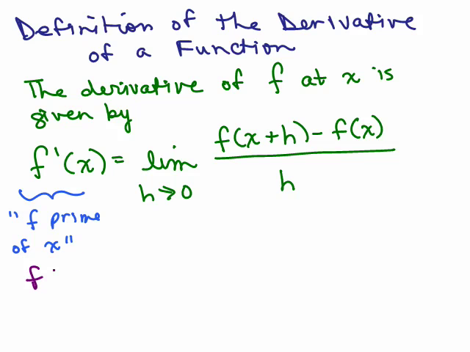We've been working on f of x equals x squared minus 3. And just notice we're going to have to take a limit as h approaches 0. And in that limit, we're going to also have to compute what f of x plus h is. So to make it easier, let's just compute f of x plus h.